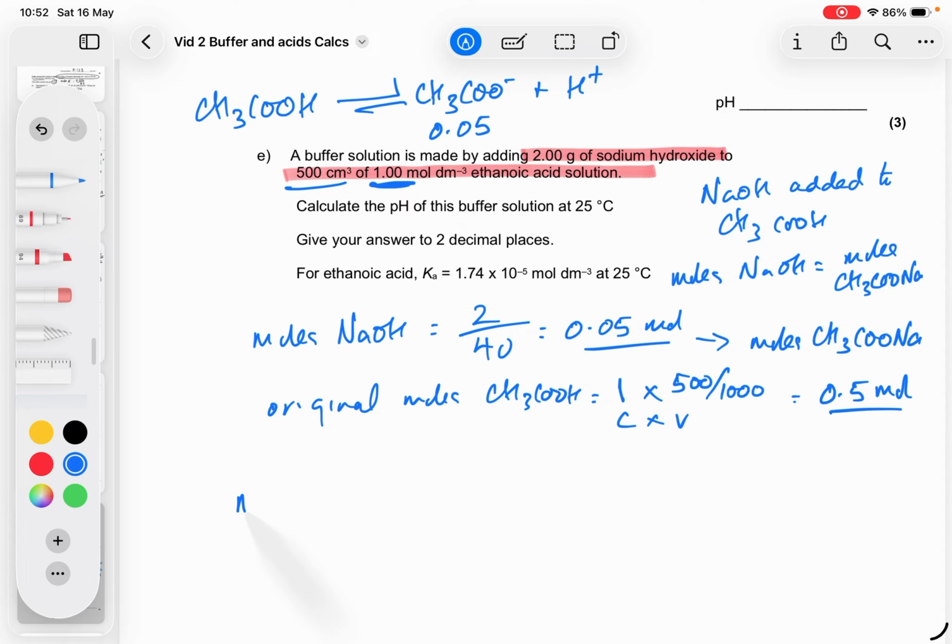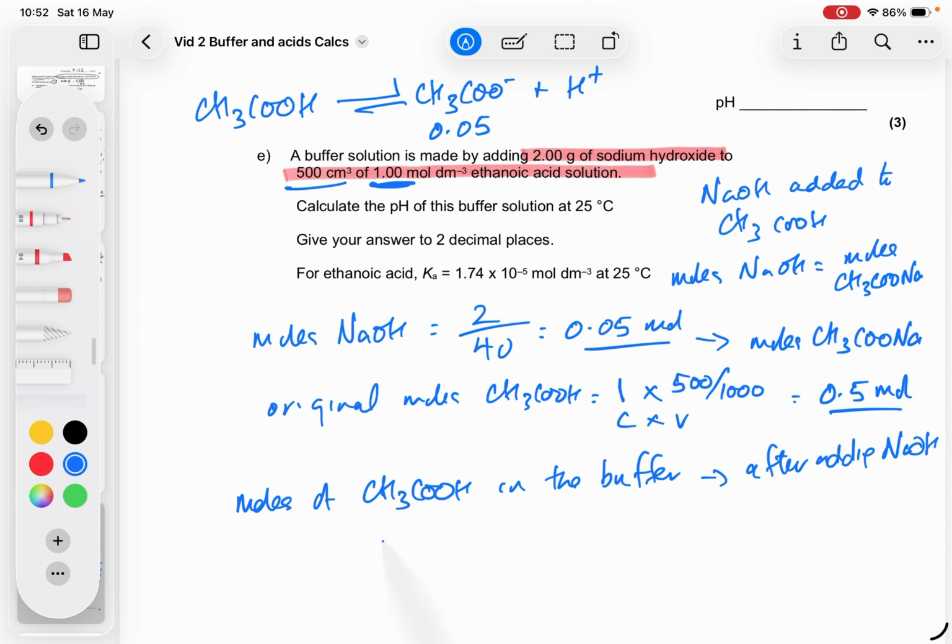Now the moles of ethanoic acid in the buffer, in other words after adding sodium hydroxide, will be 0.5 minus 0.05. Remember, ethanoic acid reacted with sodium hydroxide to form sodium ethanoate. That comes to 0.45.